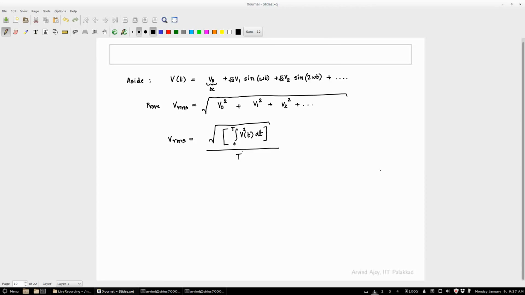So when you take this whole thing, you will have a large number of cross terms. What this is effectively telling you is that those cross terms don't appear in this. Do you get where the issue is? Root of the mean of the squared. Yeah, sorry.